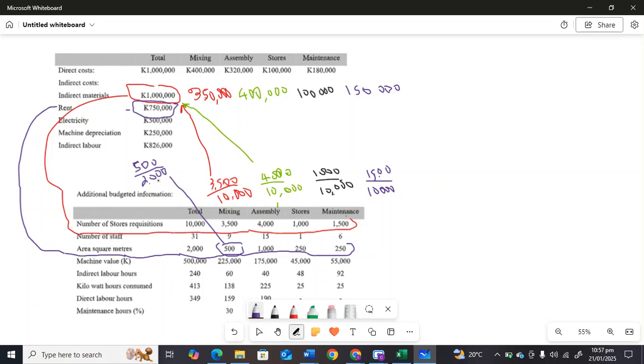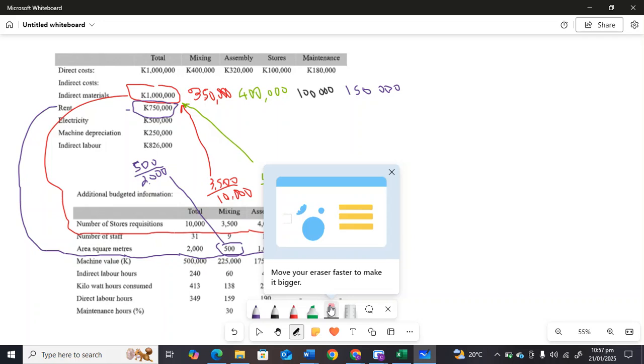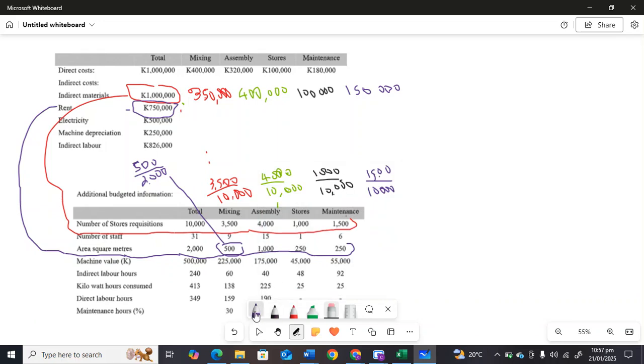What is 500 divided by 2,000? So 25%. So 25% of 750,000, or 0.25 times 750,000. You can even just use the decimal. So 0.25 times 750,000.